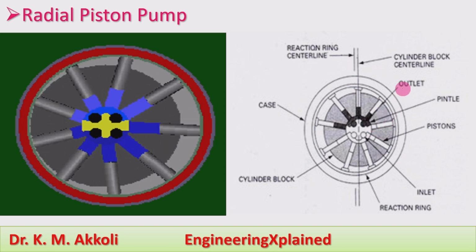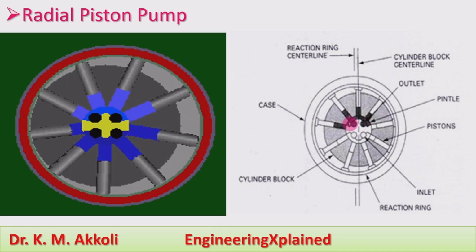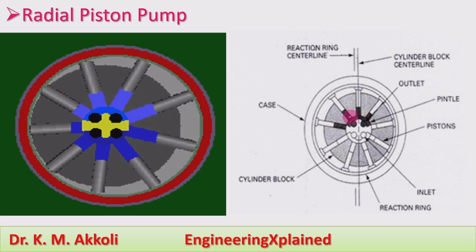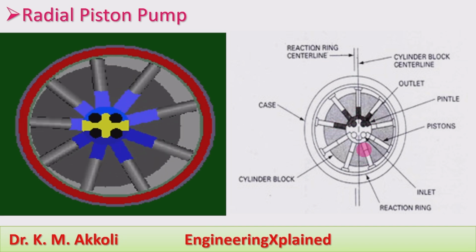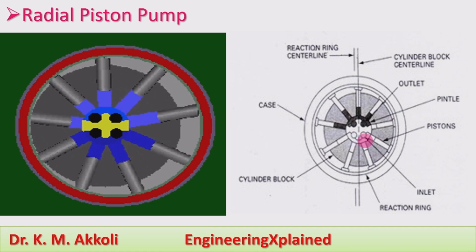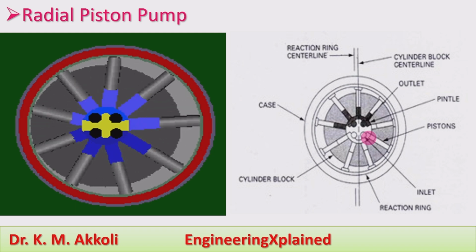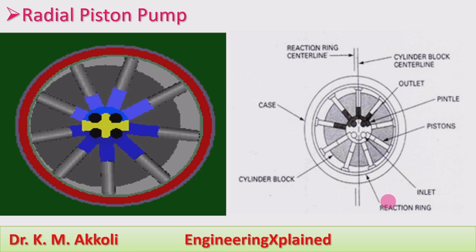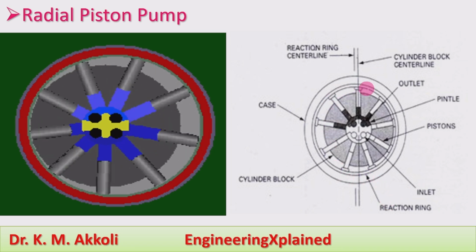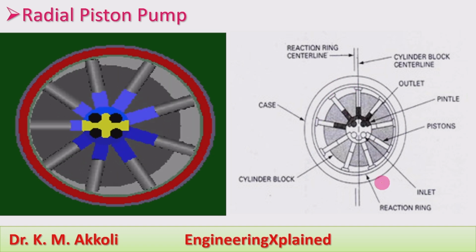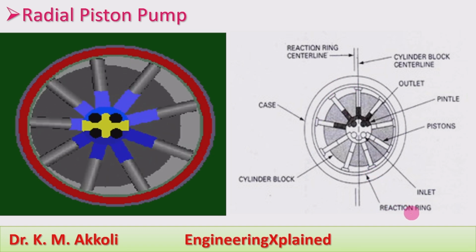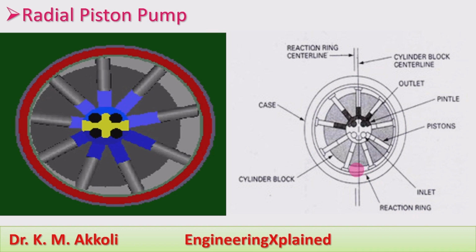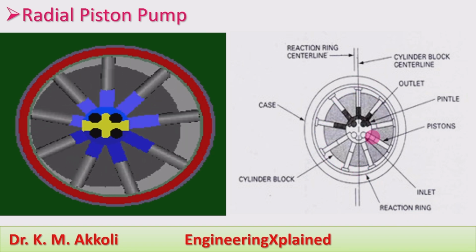And the outlet ports are there, and a pintle which connects all the piston outlets. Here also there is another pintle which connects all the inlet cylinder ports. That outside casing is what I told of, and we can also call it the reaction ring, to which all the pistons are connected.